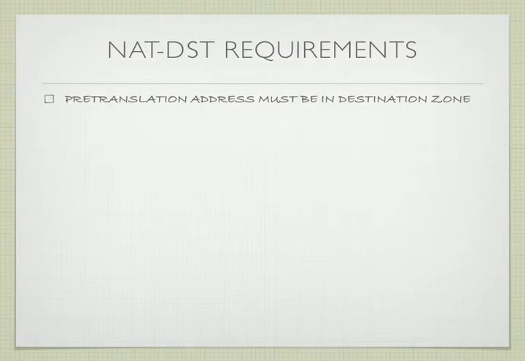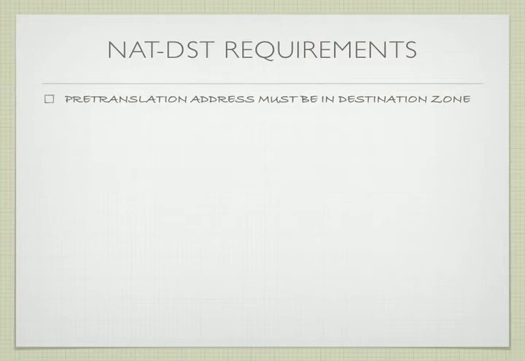So the pre-translation address has to be in your destination zone. So when you create that address object, your policy is going to be from a zone to a zone. When you create this address object for the original request address, you're going to create it in the zone that you want to have the policy to.